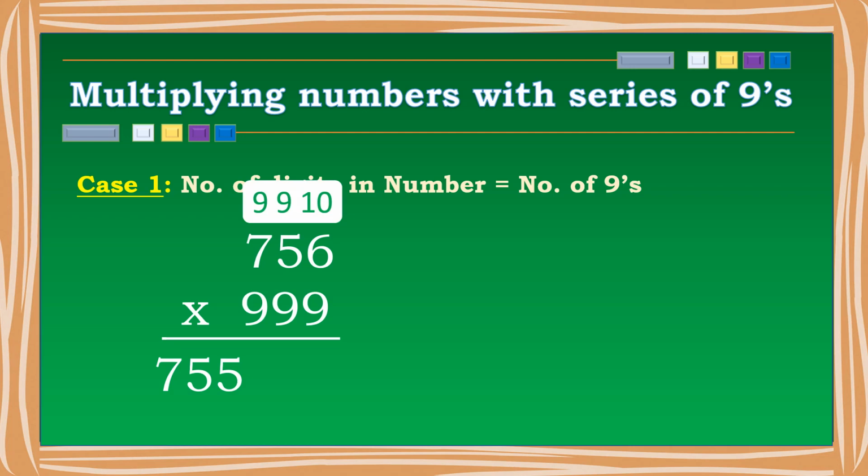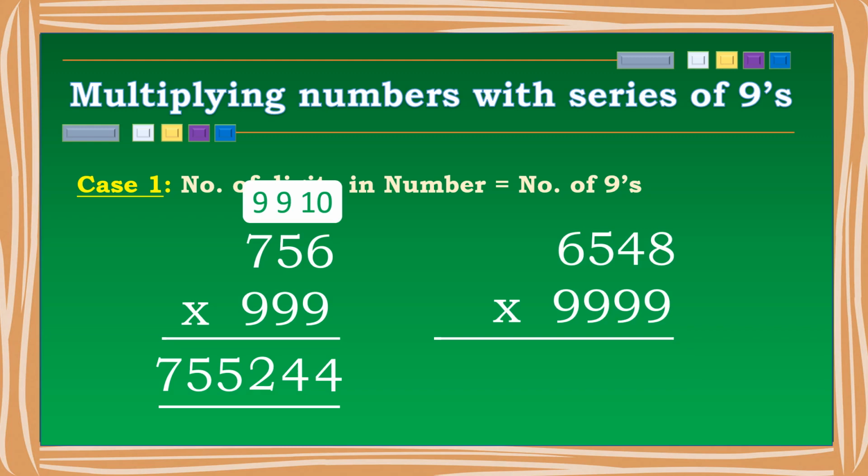Which means that except the ones place digit, all the rest of the digits should be subtracted from 9 and the ones place digit should be subtracted from 10. 9 minus 7, 2, 9 minus 5, 4, 10 minus 6, 4. That's all. Let me take one more example.